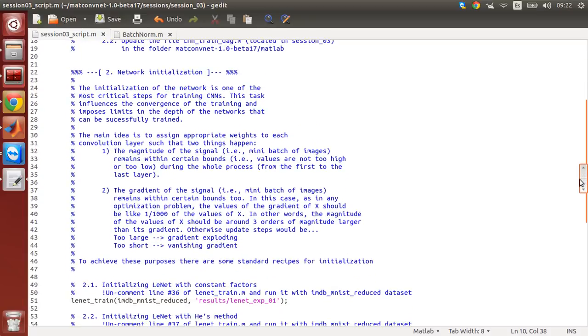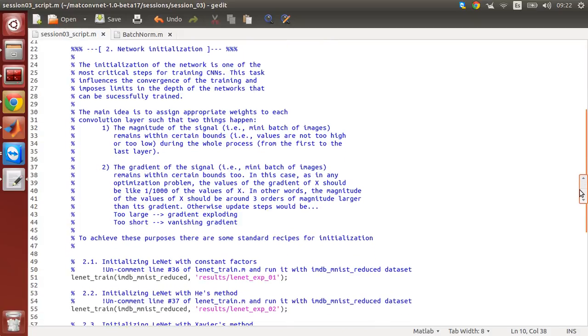So the initialization of a network is quite critical for achieving good results during the training process. So this influences the convergence of the network, so the convergence speed of the net during training, and also it imposes some limits on the depth of networks you can train successfully.